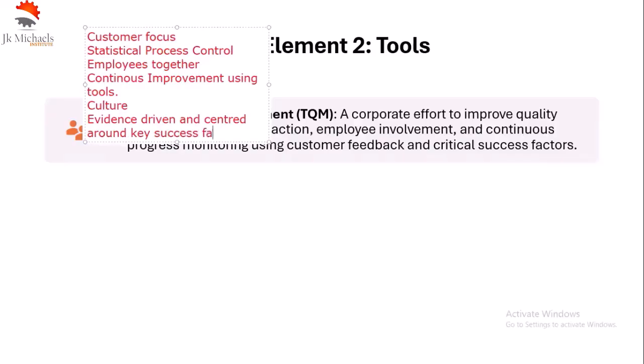So in other words, we set up the factors or the parameters we're going to monitor, parameters that if we succeed at, then we improve our chances of providing customers with the right level of satisfaction, right? And then we use evidence to monitor how we perform around these key success factors. So that's how total quality management actually works.